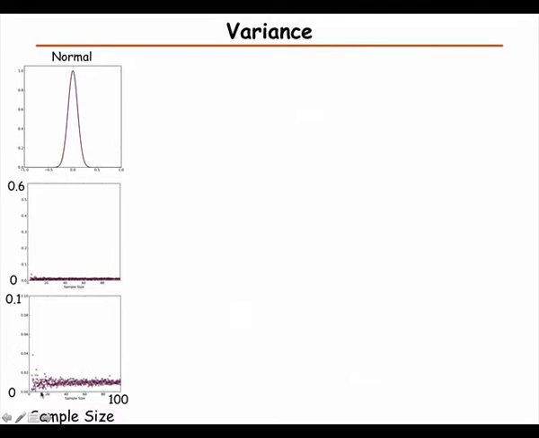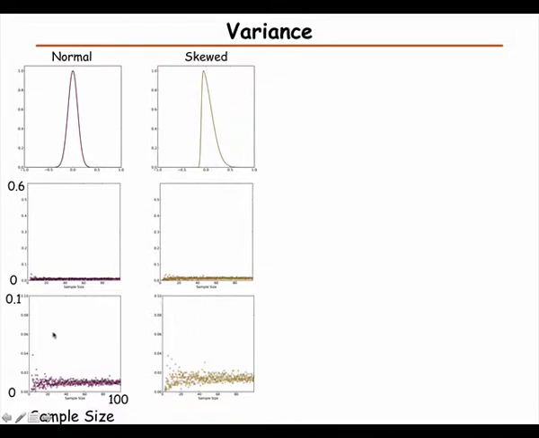We see if we have a very small number of samples, then we get a very big spread in the variance, but then it settles down to a level. And again, if you look at the skewed one, the variance is quite a bit wider.